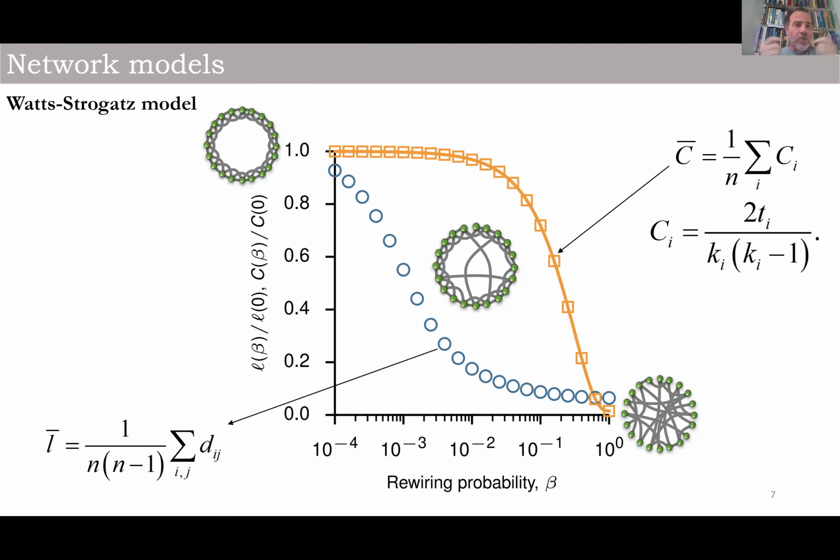And what Watts and Strogatz observe is that when you do very few rewirings, so the probability of rewiring is relatively small, then the average shortest path drops very dramatically, but the transitivity of the network is still relatively high. So you have a regime here, not well defined in terms of the model, in which you have high transitivity and relatively small average path length. This has certain similarities to, for instance, social networks.